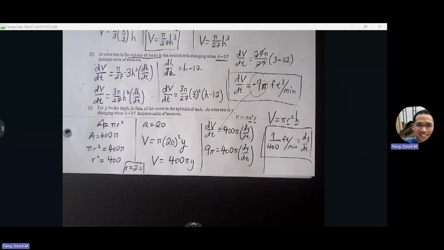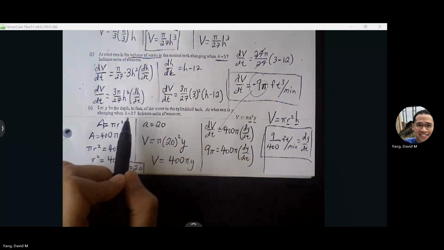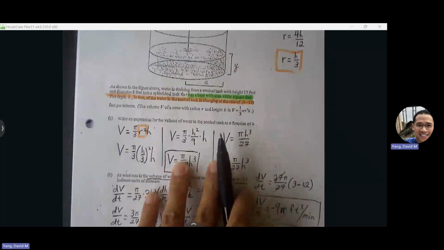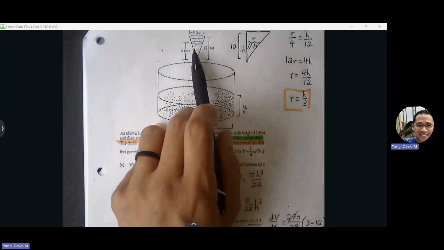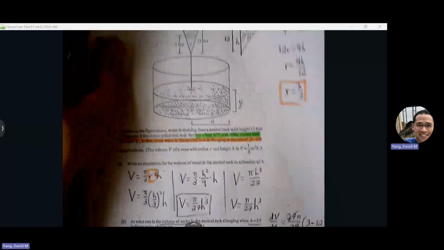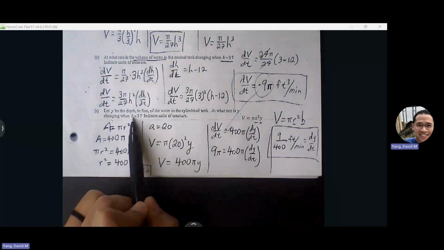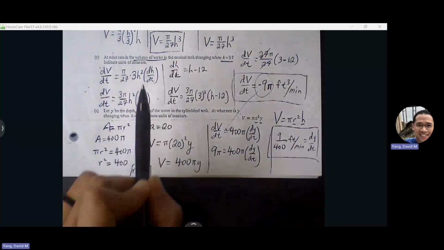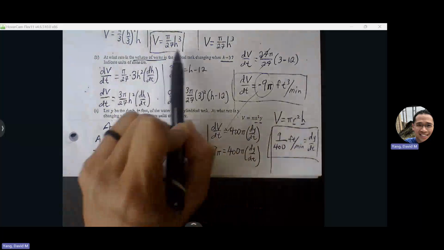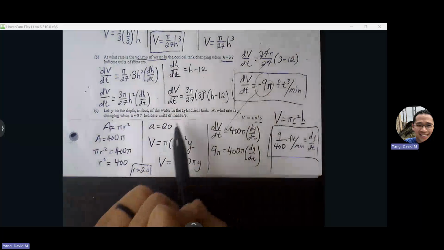Okay, any questions? Right, the h equals 3 is for the h for the cone. But the reason that they tell us h equals 3 is so that they can reassure us that we can use the same data from part B because it's the same moment in time.